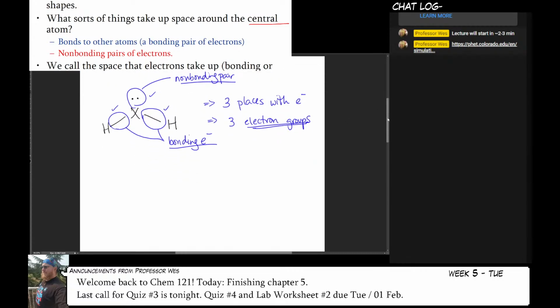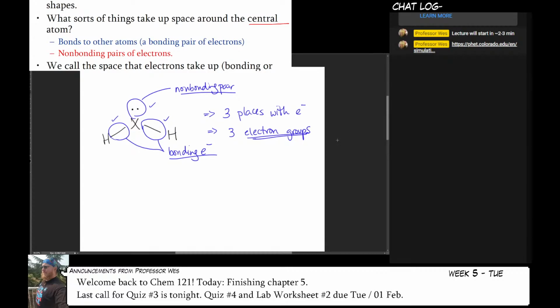Now, it's important to note that when you are drawing your structure out, and if you circle your region that has electrons and it's a bond, you might end up in an interesting situation like, say, this. I'm going to circle the places where there are electrons. Here are some electrons.